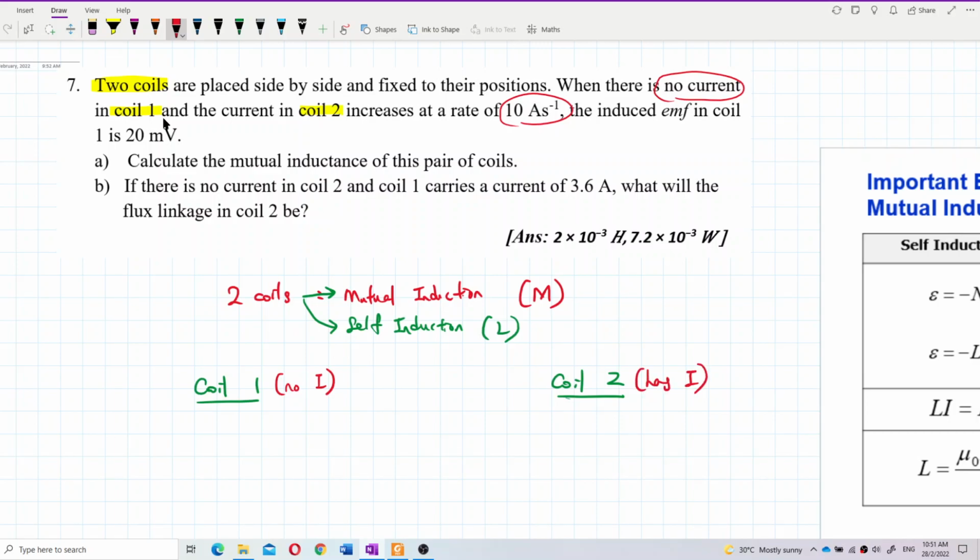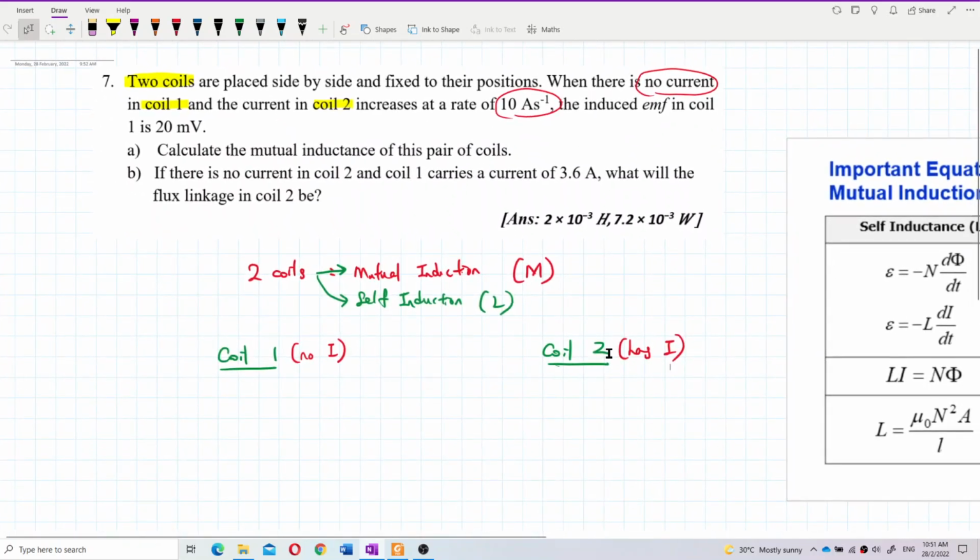So what happens is the current changes at coil 2. The current I2 changes, so there will be an induced EMF, E1 induced, in coil 1.